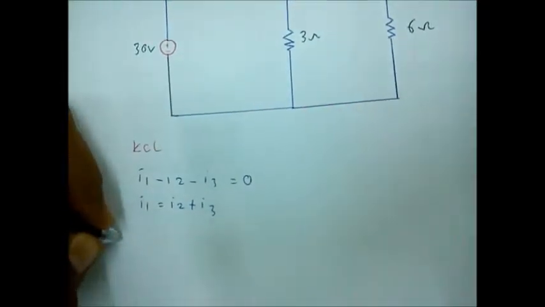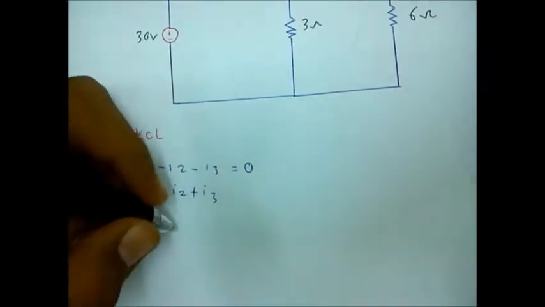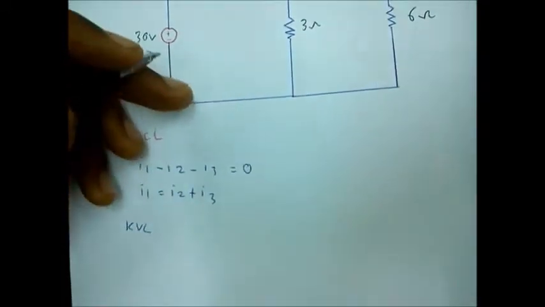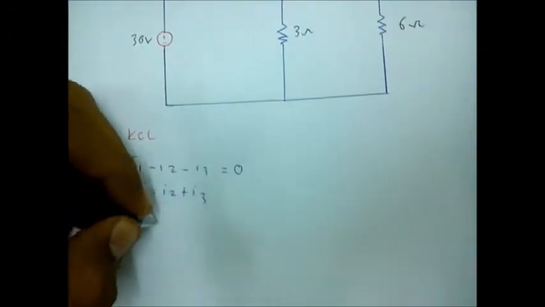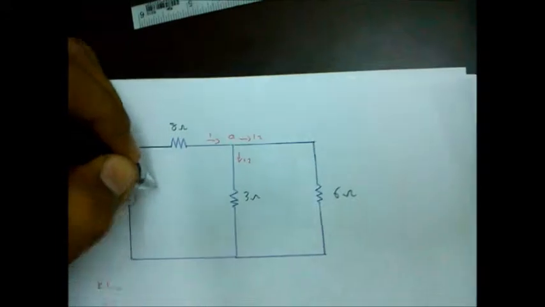By applying KVL to loops as in the circuit, the circuit has 2 loops.